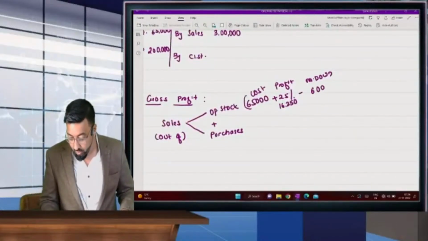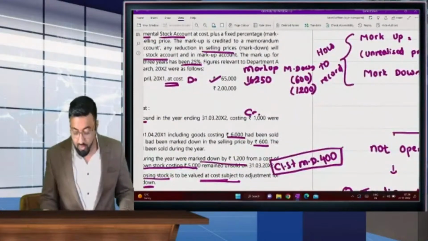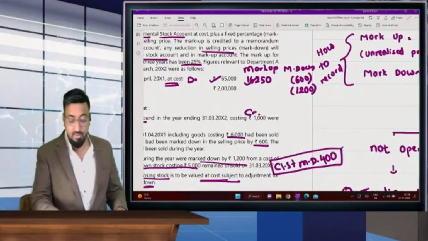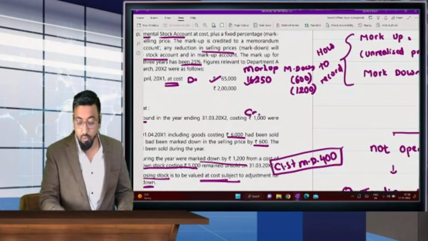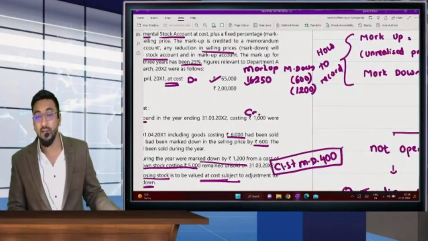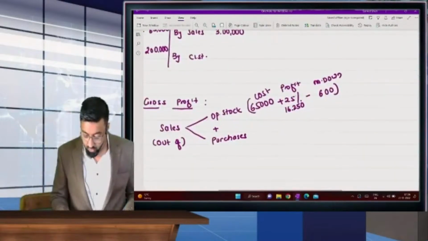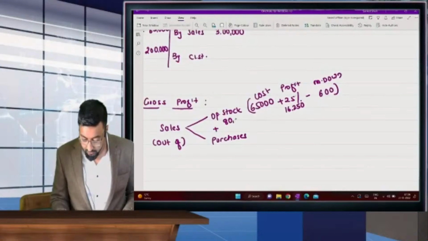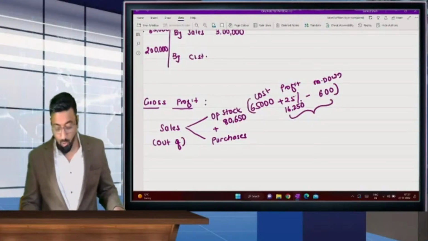What is a markdown? In opening stock, you can check your expected selling price is 65,000 plus 16,250. But what happened? Due to some problems, you sold it at 80,650. So your opening stock sales is actually 80,650, and what is your profit margin?